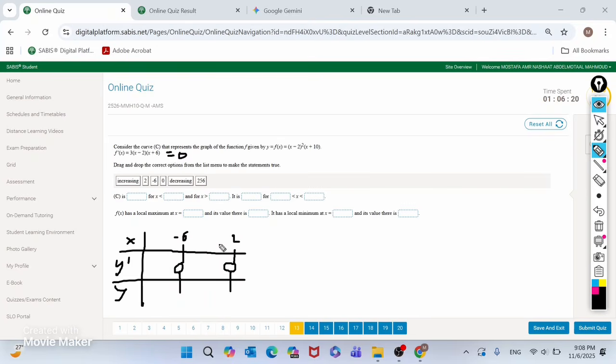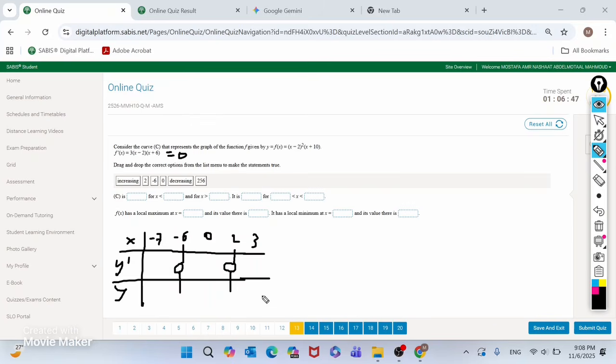Now, you put a number less than negative 6. So I'll put like negative 7. And here a number bigger than negative 6 and less than 2, we'll put 0 because it's easier. And here we'll put like 3.